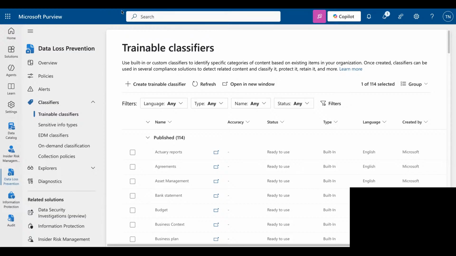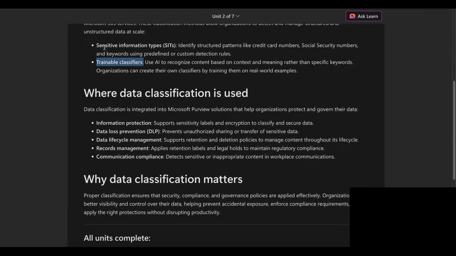So this is the trainable classifier. The difference between these two, sensitive information type and trainable classifiers: this one is for structured information or structured data, and this one can be used for unstructured data, right?